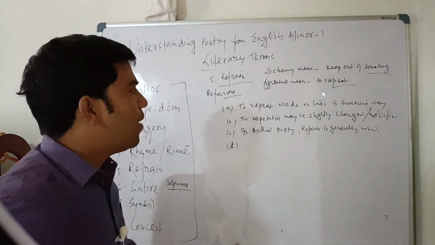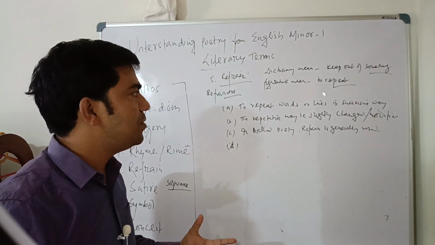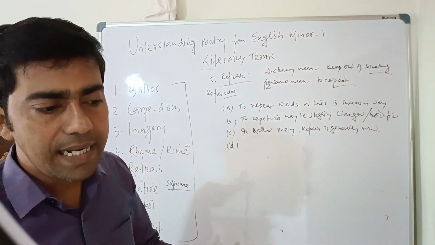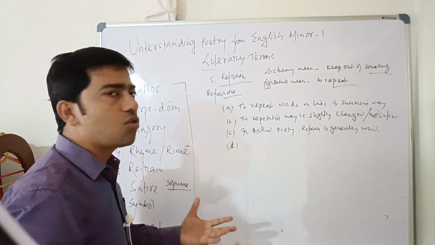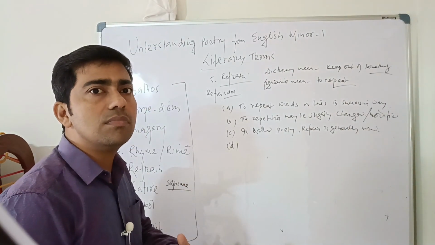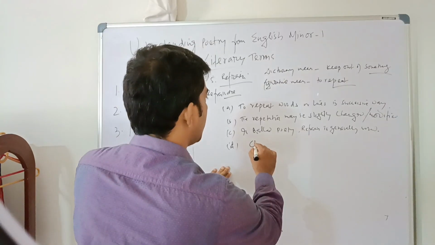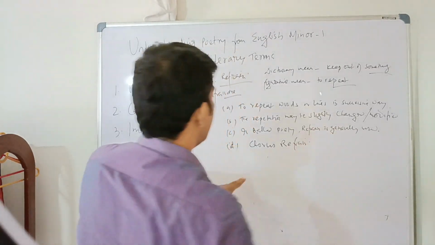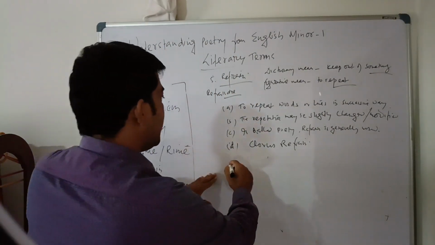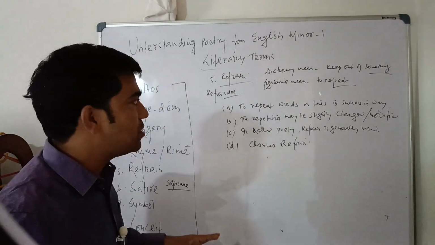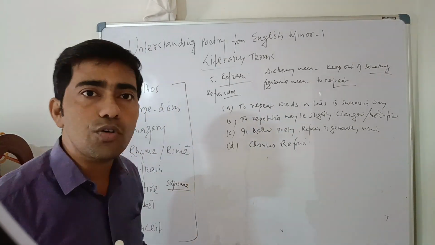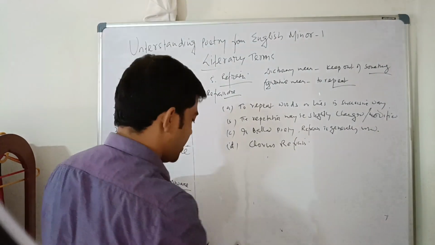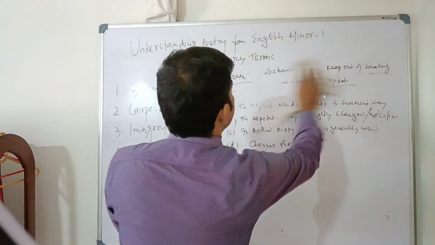Fourth is when refrain, the repetition is held with chorus, then it is called chorus refrain. And the line from Robert Frost, "miles to go before I sleep, and miles to go before I sleep." So this is an example of refrain. All right. So refrain is complete.